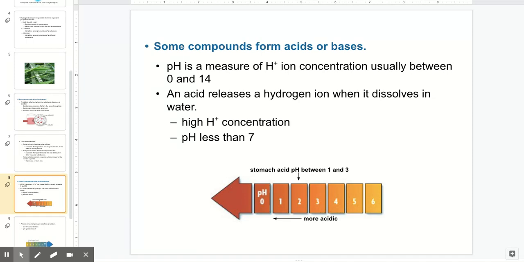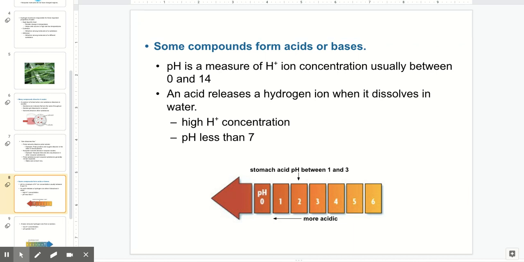It has a positive charge, and hydrogen ions are typically free floating. If there is a large amount of hydrogen ions, the substance is acidic.